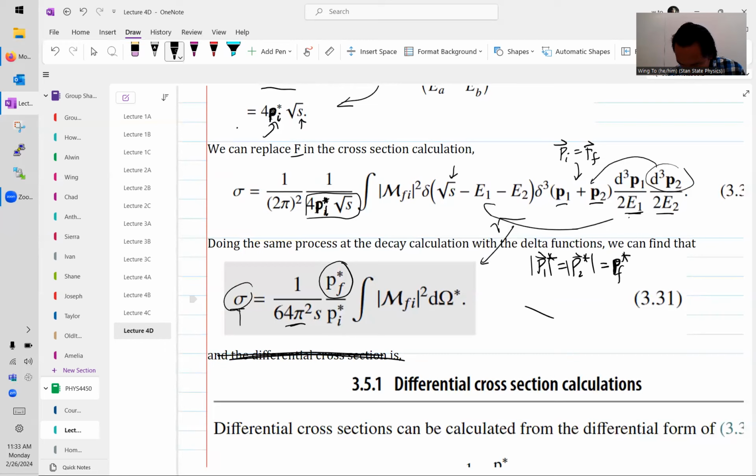You have some incoming particle A, incoming particle B. They exchange something between them, and they're going to the outgoing particle 1, outgoing particle 2. Sorry, I think I probably said 1 and 2 initially. So the incoming particles are always A and B. The outgoing particles are 1 and 2. So this is more of a Feynman diagram picture.